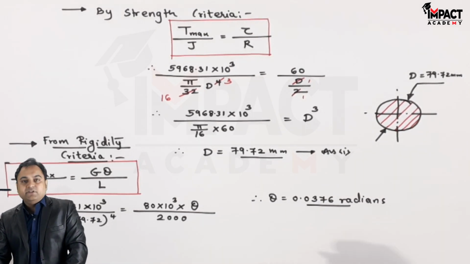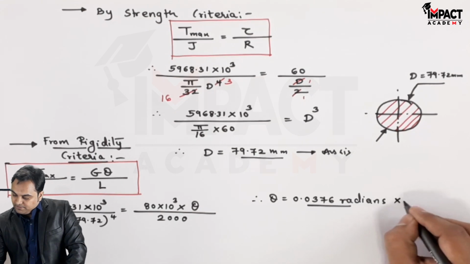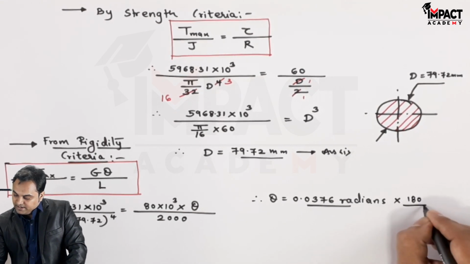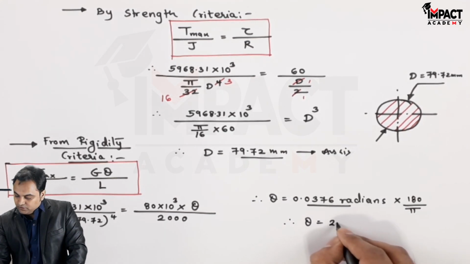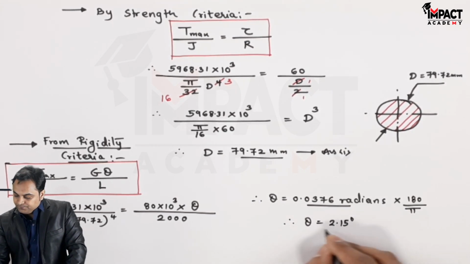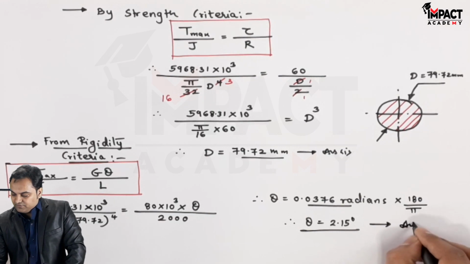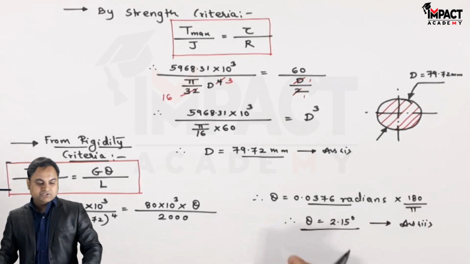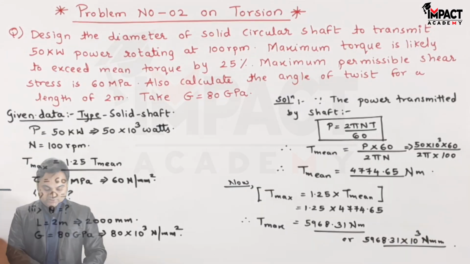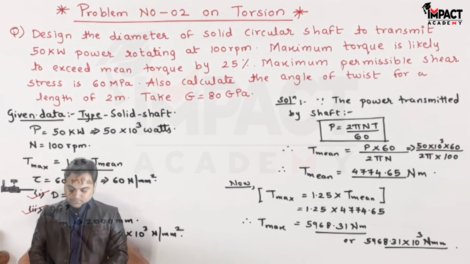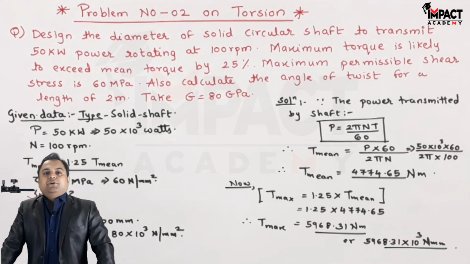Next, to convert this into degrees, multiplying this by 180 and dividing it by pi, so I am getting theta as 2.15 degree. That's the second answer, and both the questions have been solved, that is the diameter and the angle of twist. So with this, the problem gets completed.